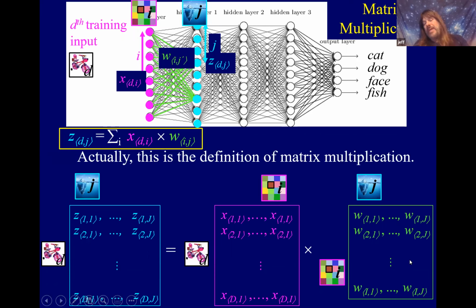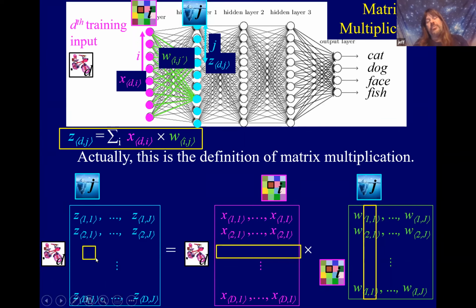Let's review what these matrices are. This matrix, for every i and j, tells you the weight between i and j. This is the matrix we looked at before, which says for each training data and each pixel, how bright it is. And this is our new matrix, which is for each training data, how activated the jth hidden node is. And this is just matrix multiplication.